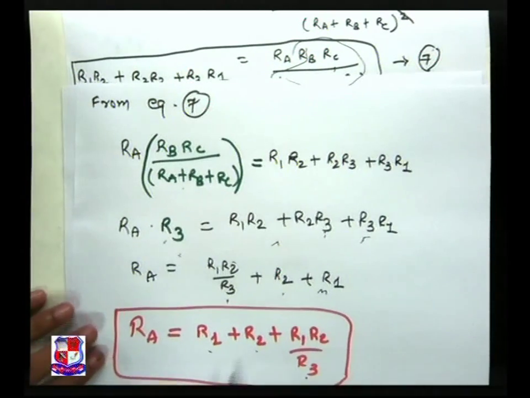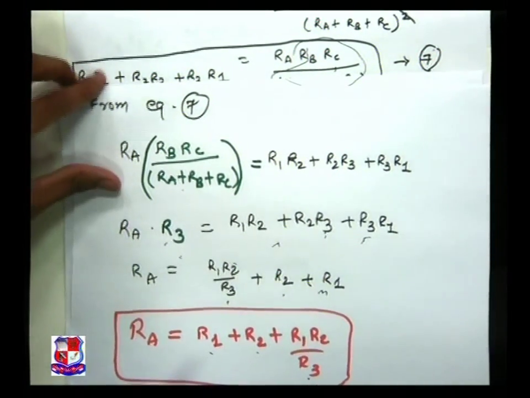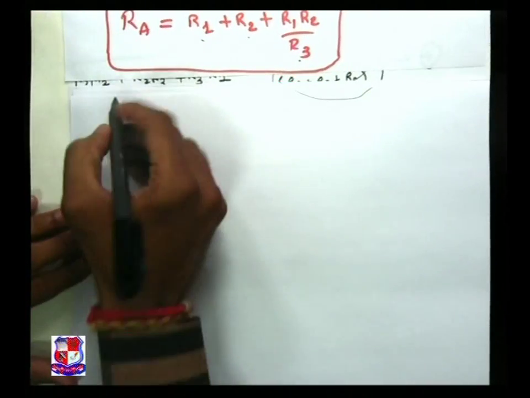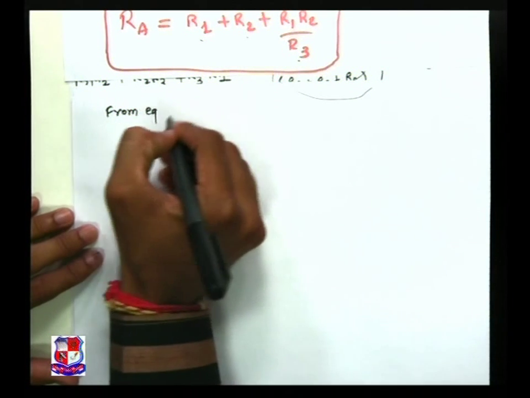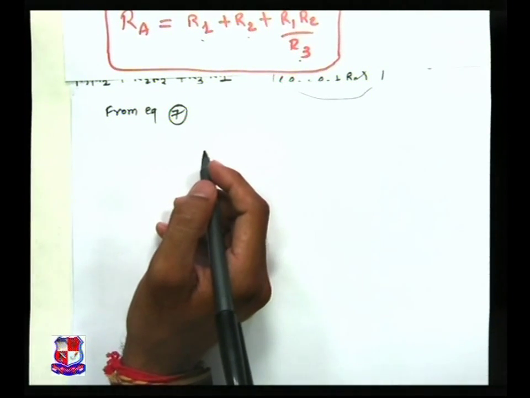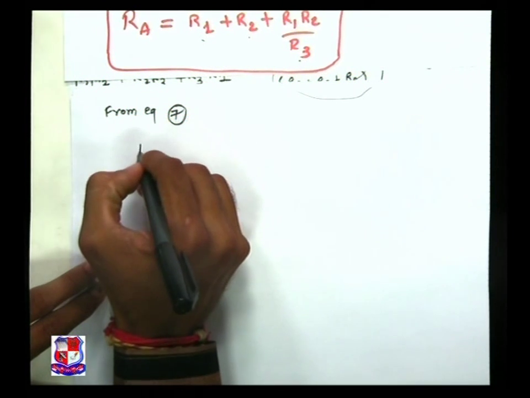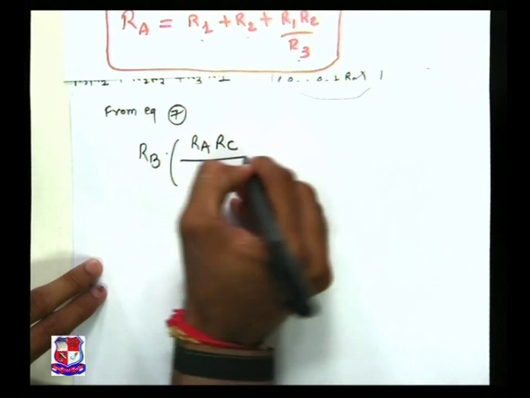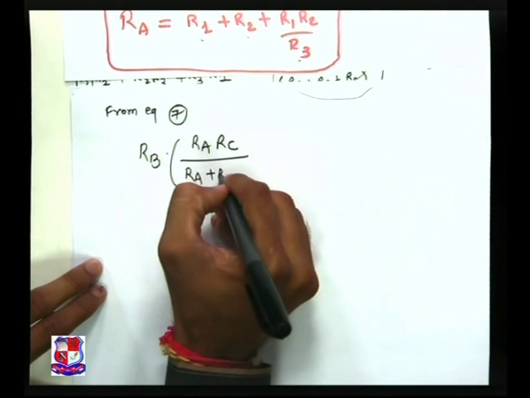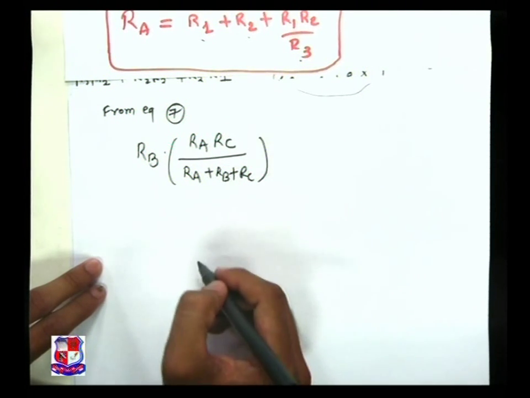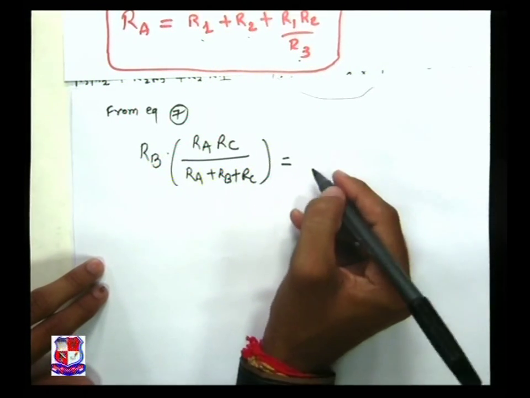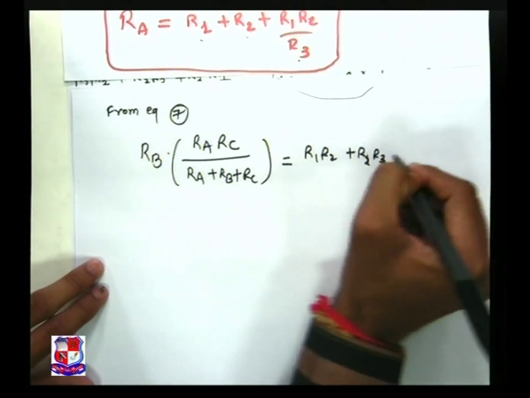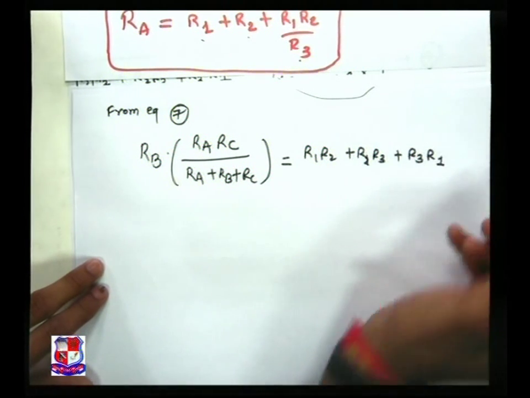Now similarly we go for the equation of RB. From equation 7 again, I am taking RB outside, and the remaining part is RA RC upon RA plus RB plus RC, equal to R1 R2 plus R2 R3 plus R3 R1.